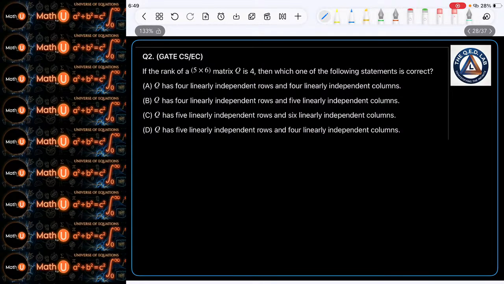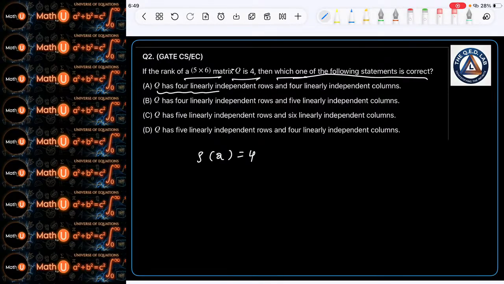Then this is the question. If the rank of a 5 by 6 matrix Q is equal to 4, which of the following statements is correct? That's why, like previously, I gave the formal definition of the rank of a matrix.